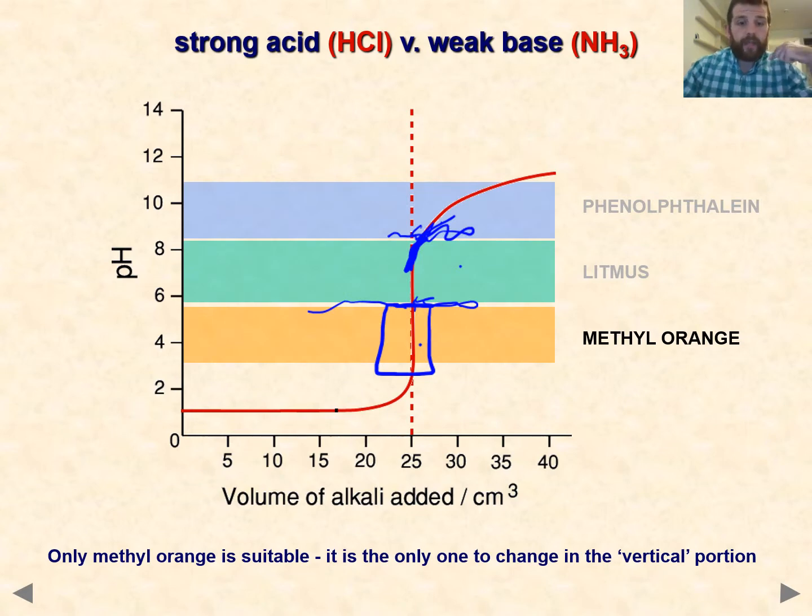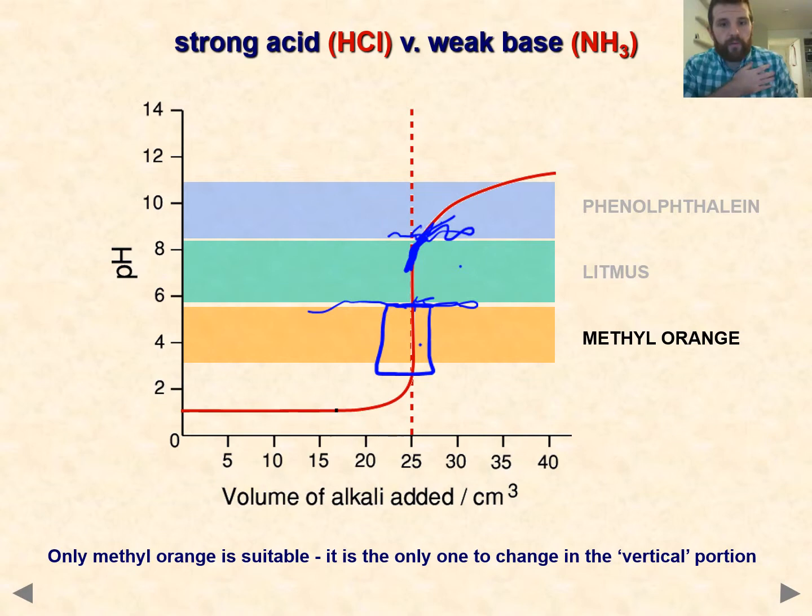If we were picking a good indicator here, methyl orange would be the best choice just because it lies completely in the vertical region. Litmus would be the second best, but the problem is it starts to curl off near the tail end of the litmus change. So litmus will change color here, but by that time it's already been neutralized.